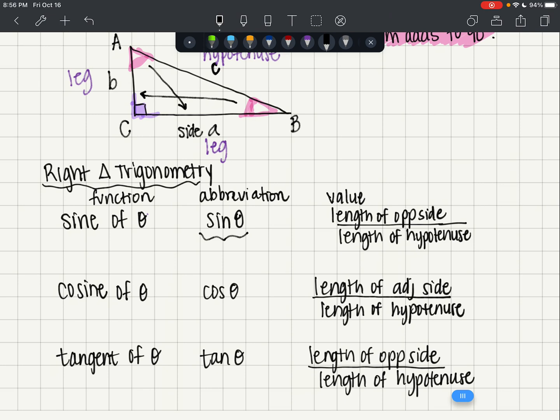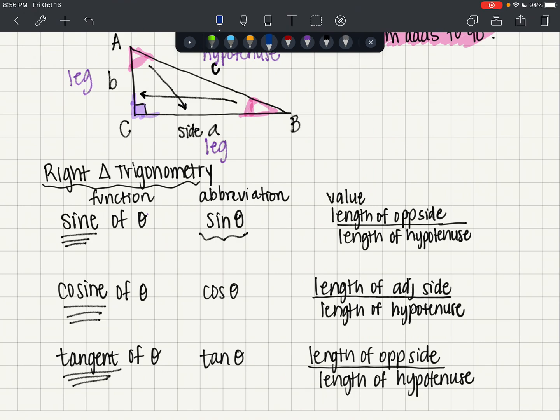We don't say sin. It's sine of theta, and our abbreviation is sin theta. Cosine of theta, and our abbreviation is cos theta. And then tangent of theta, tan theta.